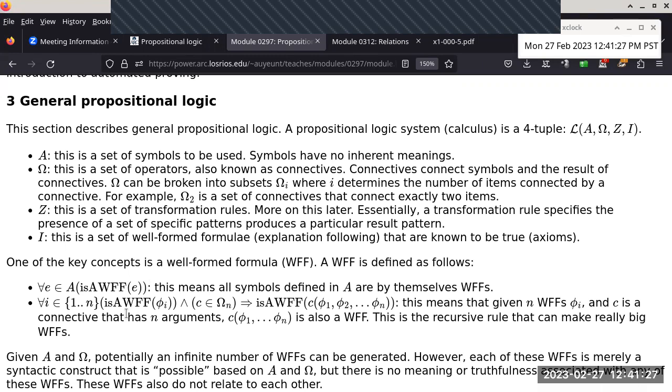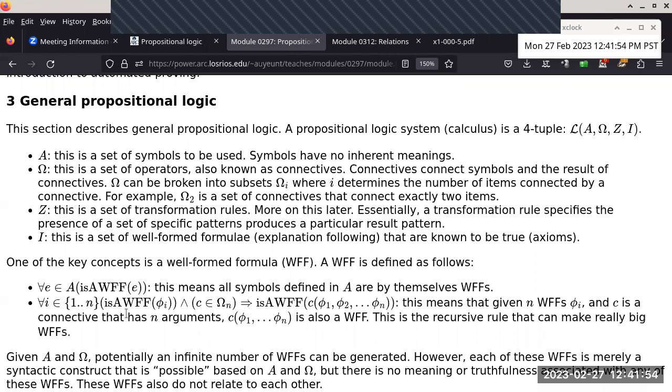I'm choosing an operator c from omega 2, which means now I have an operator that requires 2 operands. Is that okay so far? So up to and including this statement here, which is everything on the left-hand side of the implication, I'm giving you exactly 2 well-formed formulae and 1 operator that requires 2 operands. Are we good so far?